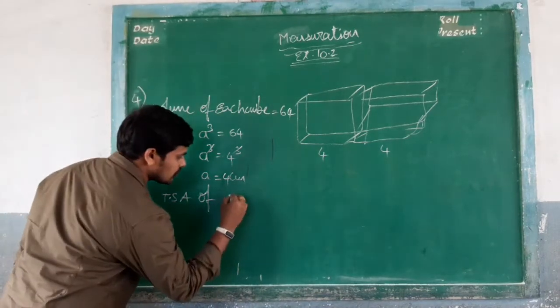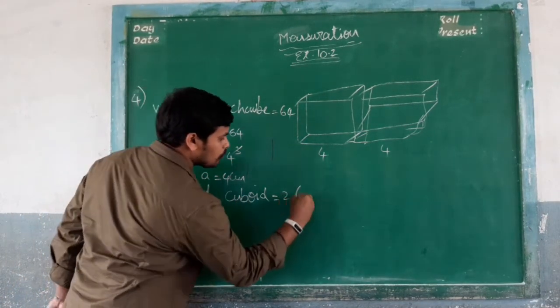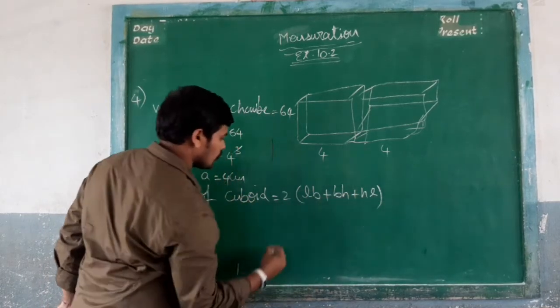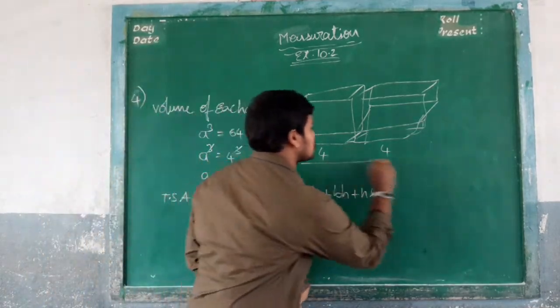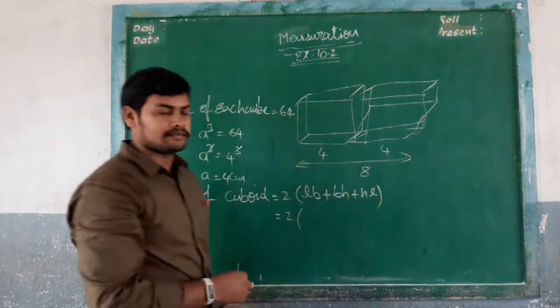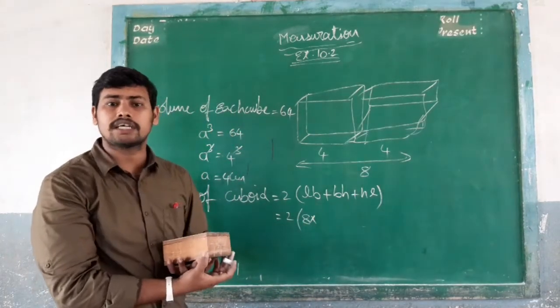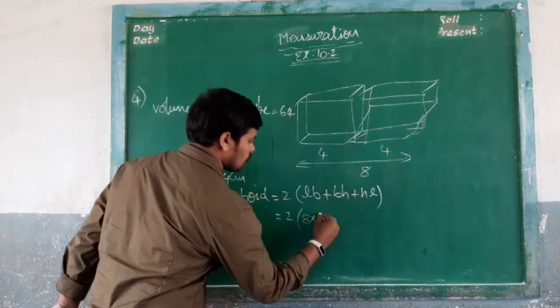The total surface area of a cuboid equals 2 times (lb plus bh plus hl). What is the length here? The total length is 8, so l is 8. What is the breadth? Breadth does not change when we join side by side, so breadth is 4 centimeters.